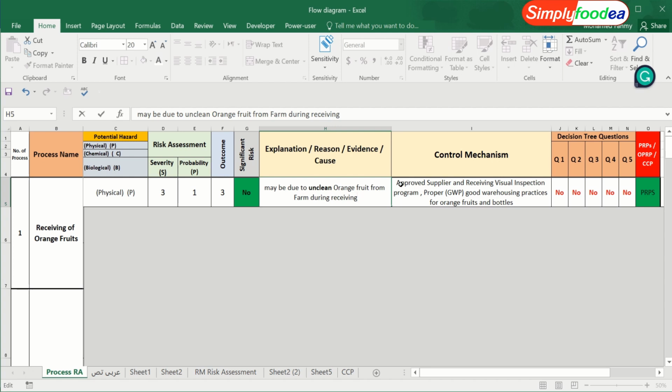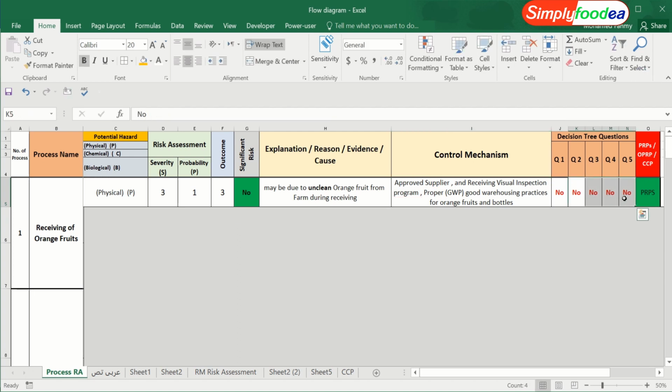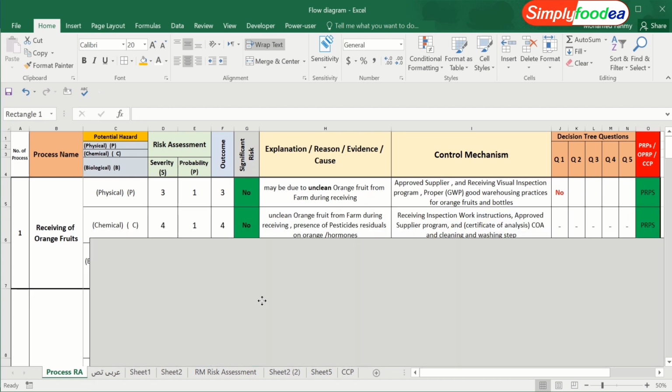So we have 2 programs: the approved supplier program and the receiving visual inspection program, and the proper good warehouse practices, either for the orange fruits or the bottles. So in the decision tree, the first answer is only no. When we get back to the FSSC decision tree, we'll find that if the answer to question number 1 is no, then it is PRP.